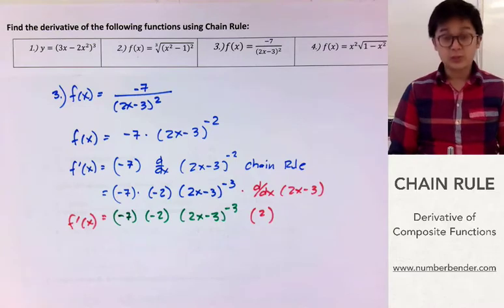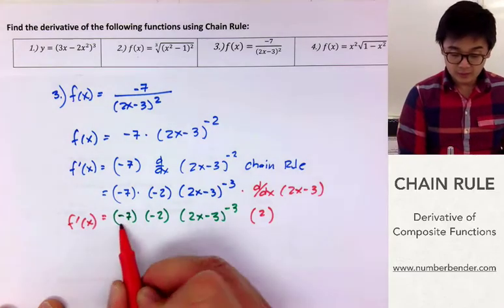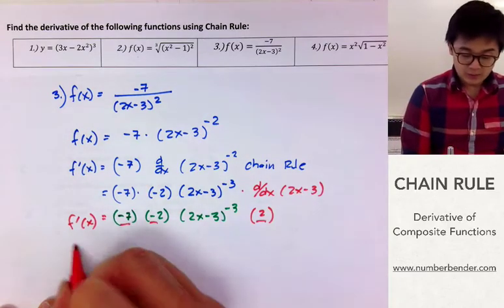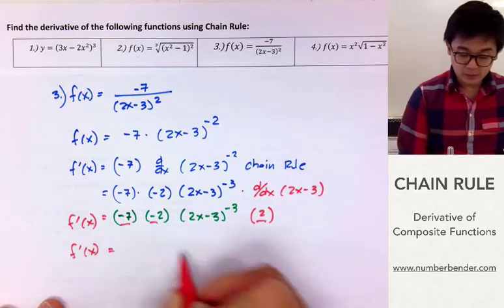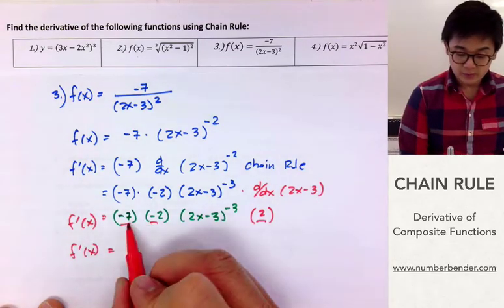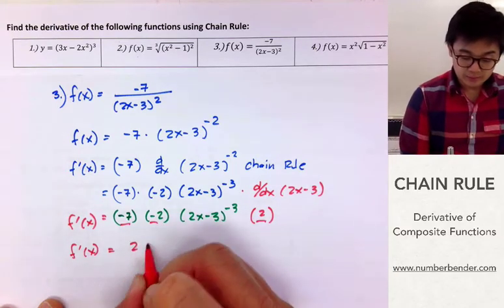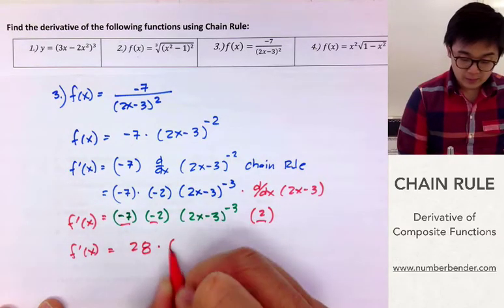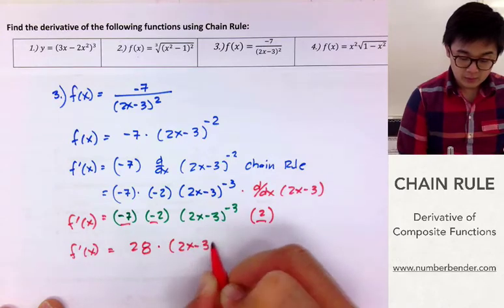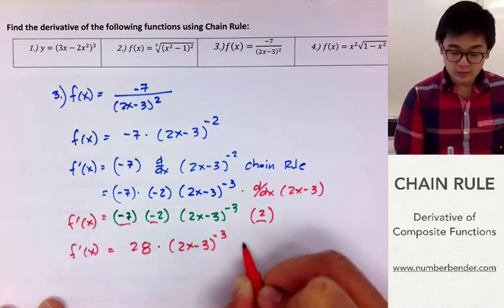But if you want to further simplify this, we can combine the constants. So f prime of x is equal to positive 7 times 2, which is 14, times 2 is 28, multiplied by 2x minus 3 raised to the negative 3.